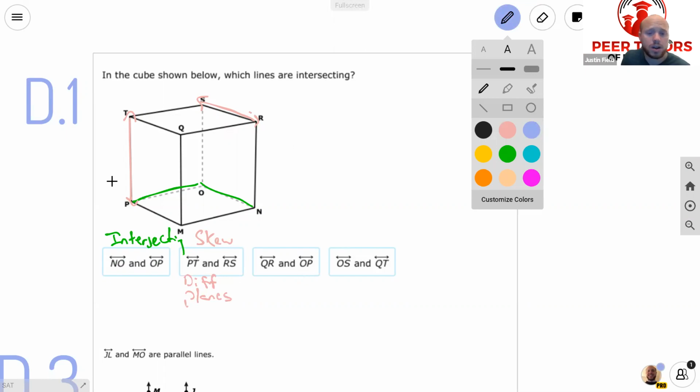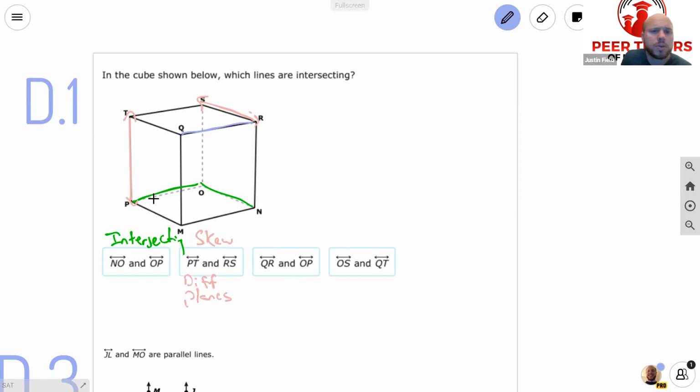Now, QR and OP. QR is up here. OP is down here, PO. And you might say, are those skew as well? Because they don't look like they're in the same plane, but you notice they are going kind of in the same directions here, right? And actually they are parallel.